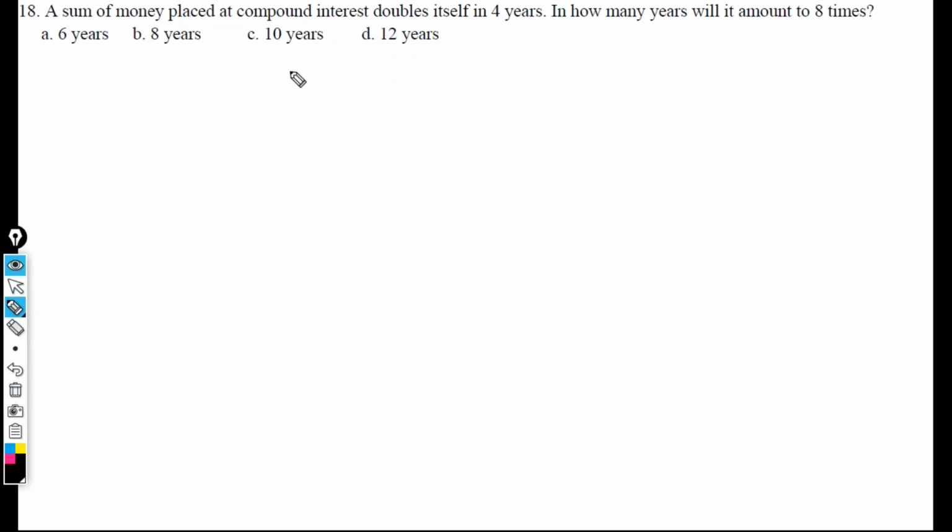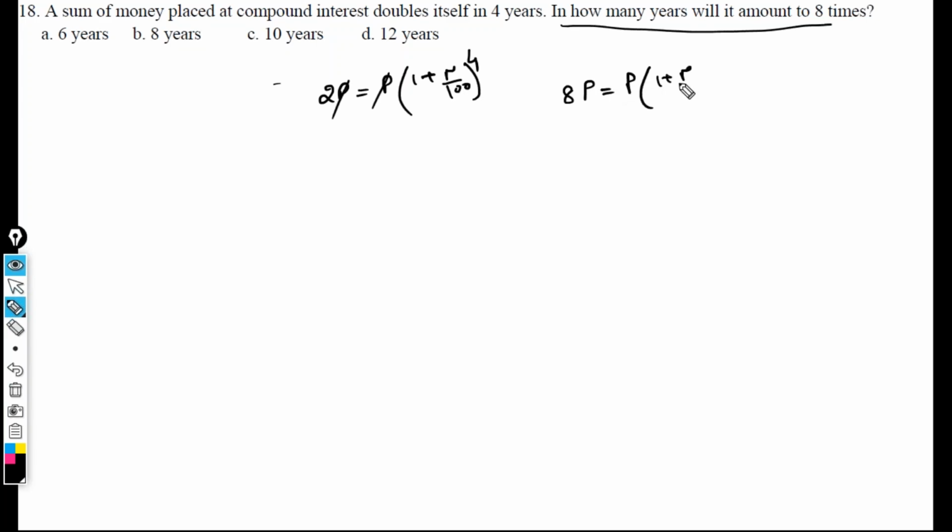If you have to solve it through formula, he says a sum of money placed at CI doubles itself. So your amount becomes 2p, when p is the investment, into 1 plus r by 100 raised to power 4. P got cancelled out. He says in how many years will it amount to 8 times? So 8p equals p into 1 plus r by 100 raised to power n.